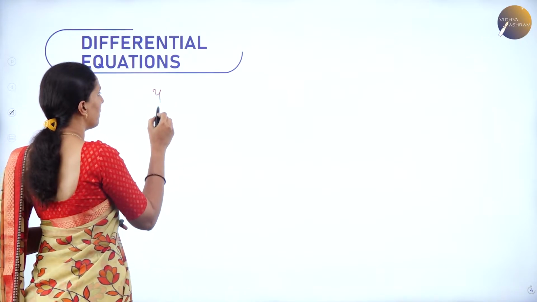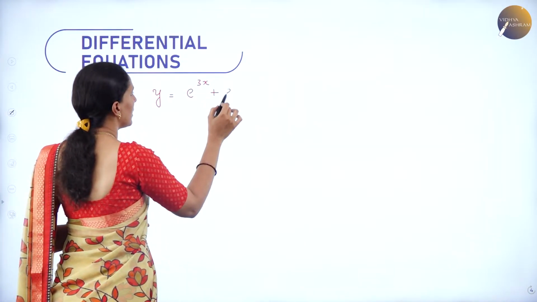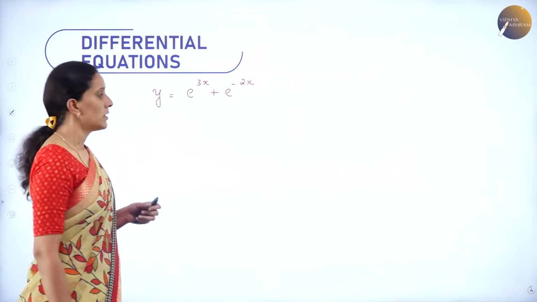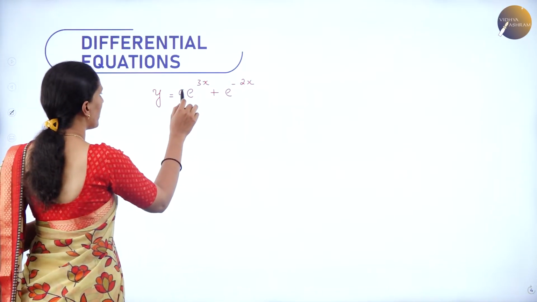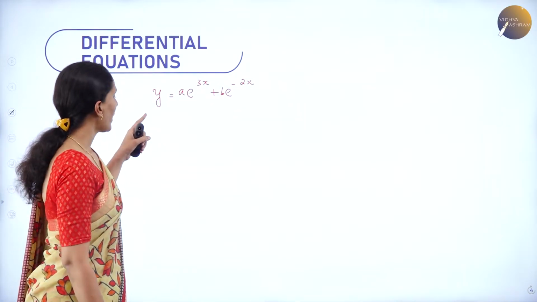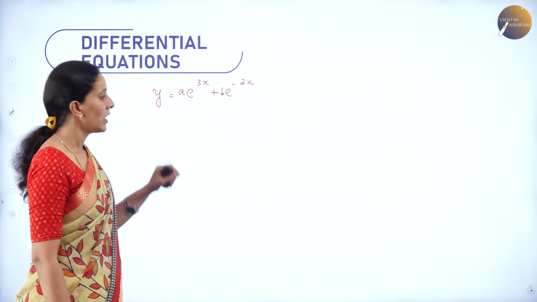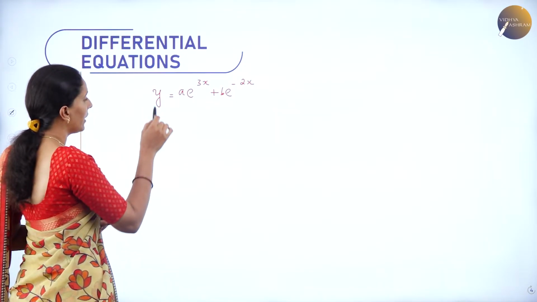Now, I have y is equal to e power 3x plus e power minus 2x. So, let me take two arbitrary constants a and b. Thus the equation becomes y is equal to a into e power 3x plus b into e power minus 2x. Now, let me differentiate this.